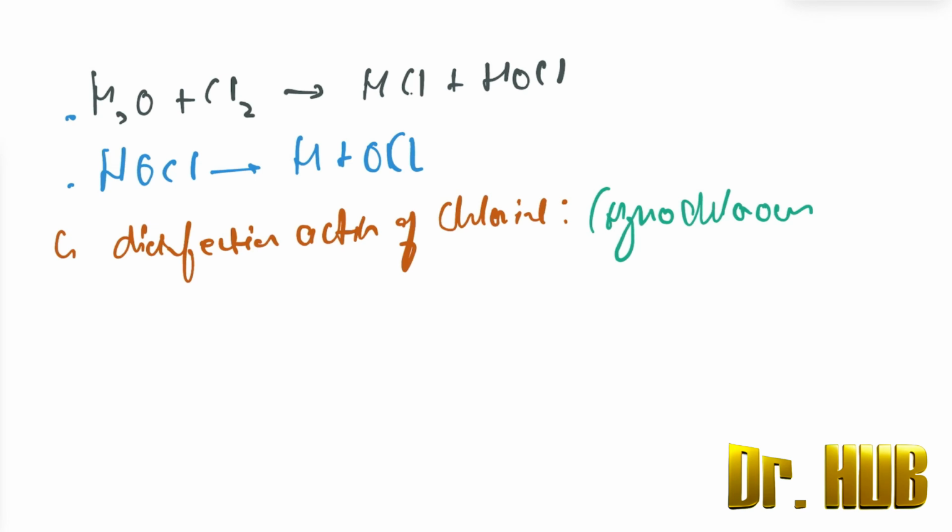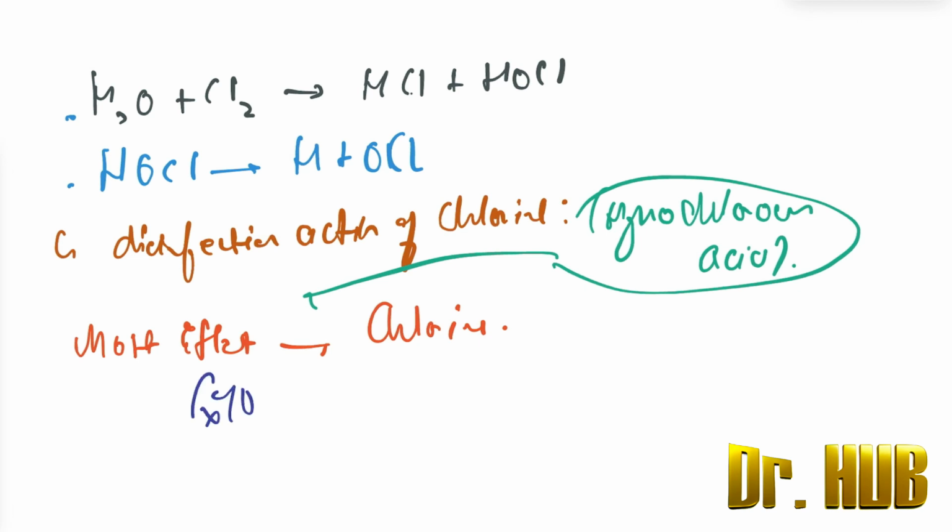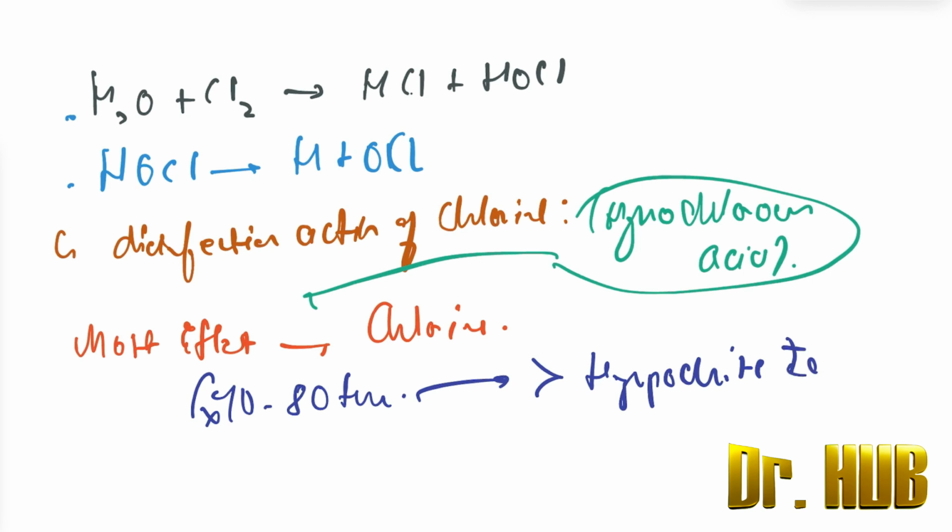Hypochlorous acid is the most effective form of chlorine, almost 70 to 80 times more effective than the hypochlorite ions.